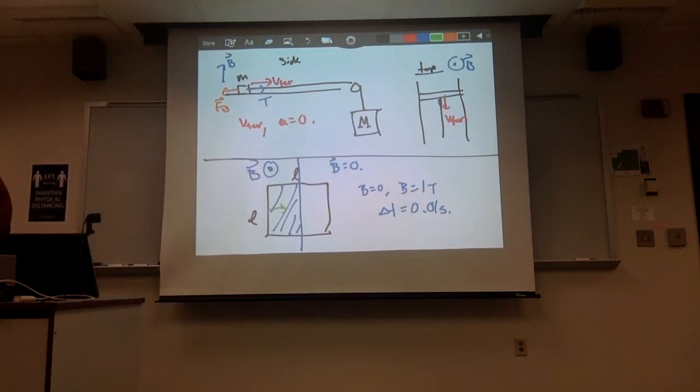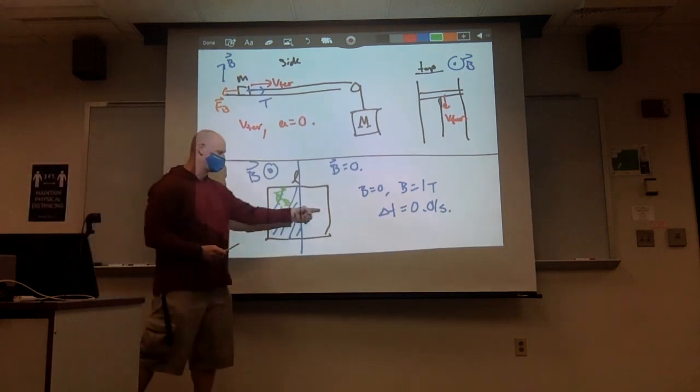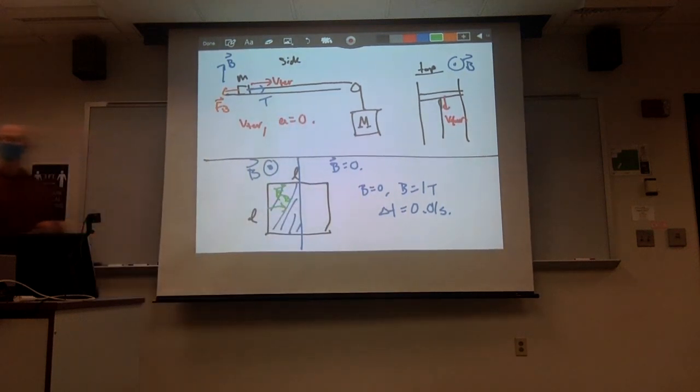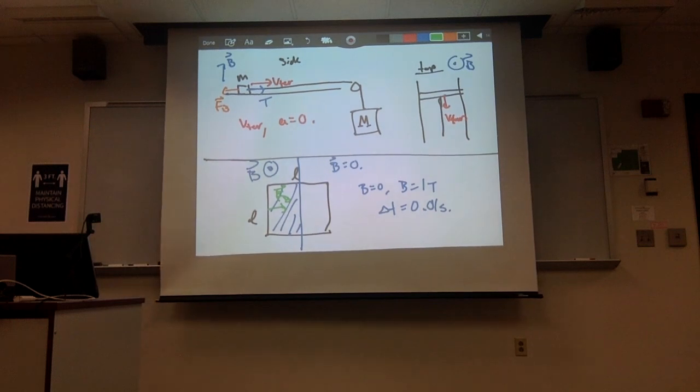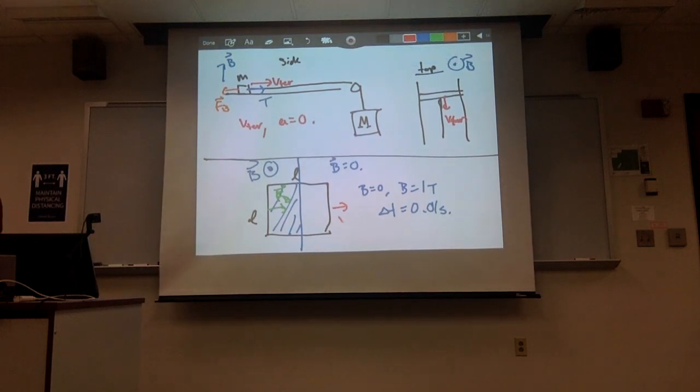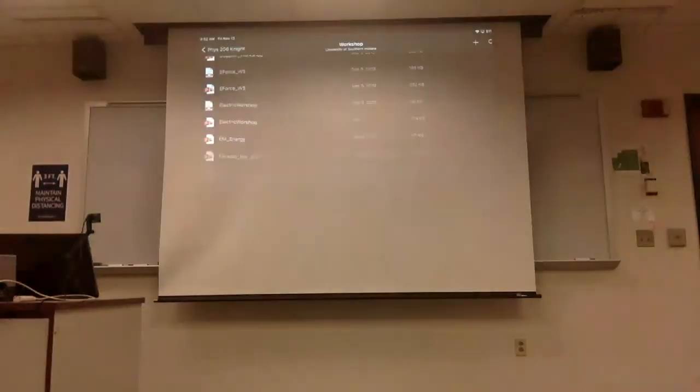It causes the force to then point in this direction, causing the magnetic force to then try to kick this thing out of the magnetic field. So what I want to know in this case then is, again, what is the velocity that this thing has while it is moving out of the magnetic field? Okay. One more to talk about, and then I'll let you go.